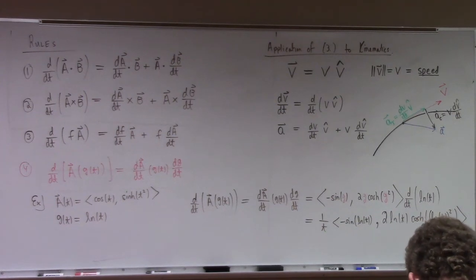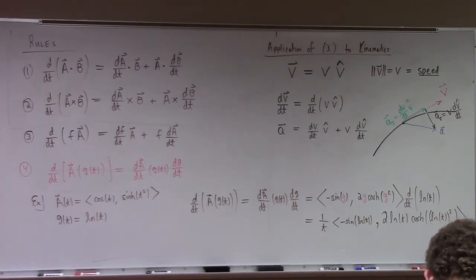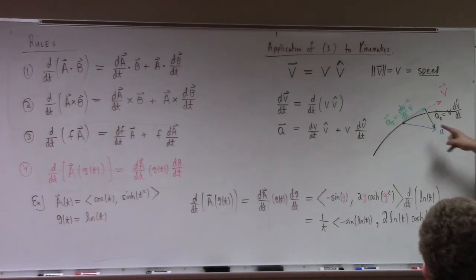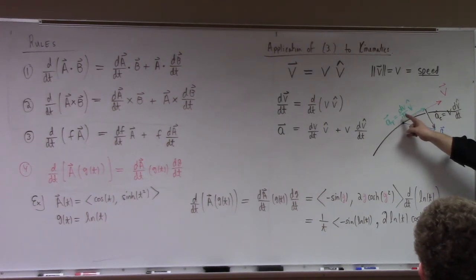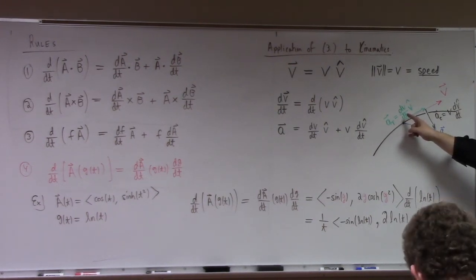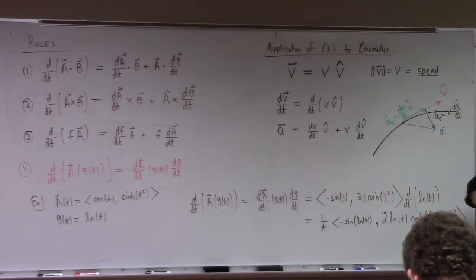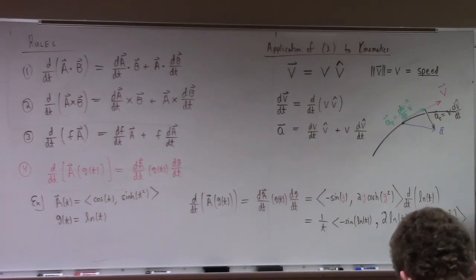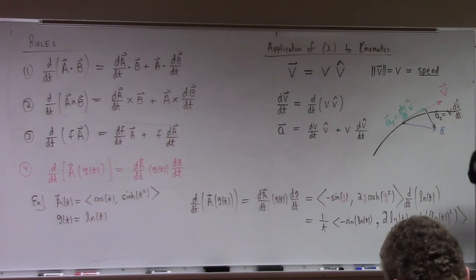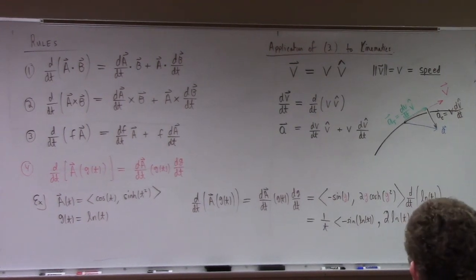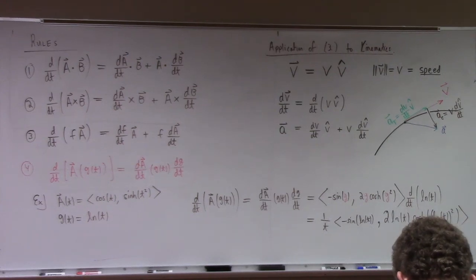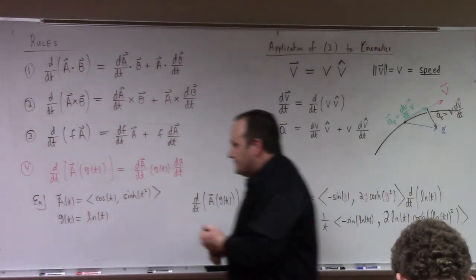So the existence of tangential acceleration has to do with the speed changing. If the speed is not changing, there's no tangential acceleration. The case you study in Physics 231 the most is constant speed circular motion. Constant speed circular motion only has a centripetal part to the acceleration, right? And you were taught that it's equal to v squared over r. We haven't derived that yet. We will.